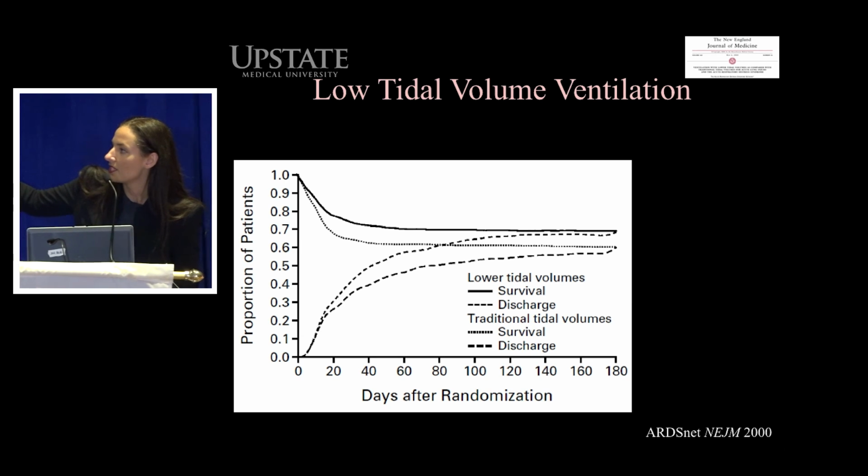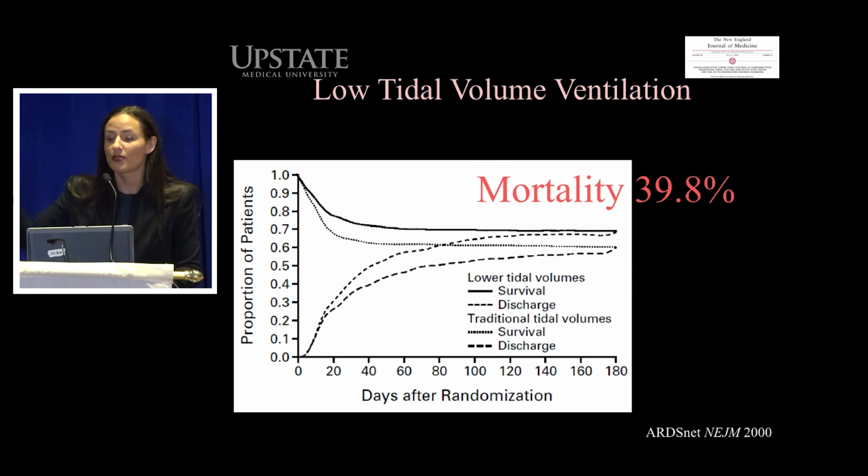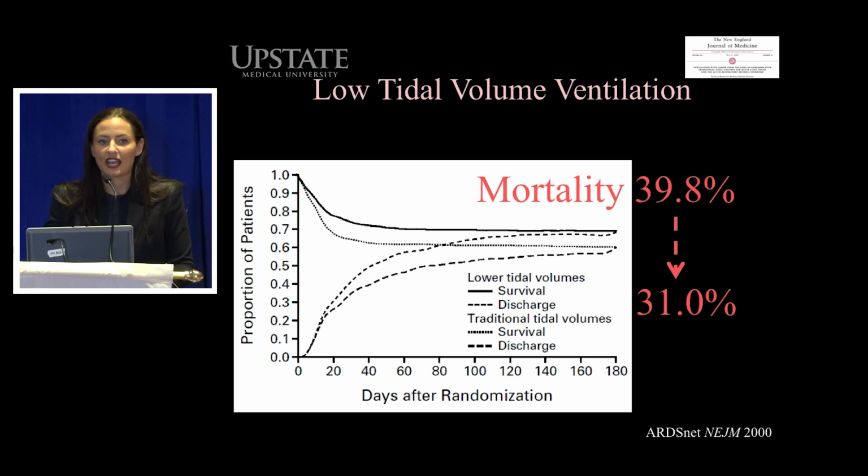So if we look at the mortality rates, if we take the low tidal volume group and compare it with the traditional tidal volume group, we see that we drop down our mortality rate from 39.8% to 31%. And this is in a disease that has an incidence of about 170, 180,000 individuals in the US alone, which means that that 8.8% decrease in mortality could save up to 17,000 lives every year.